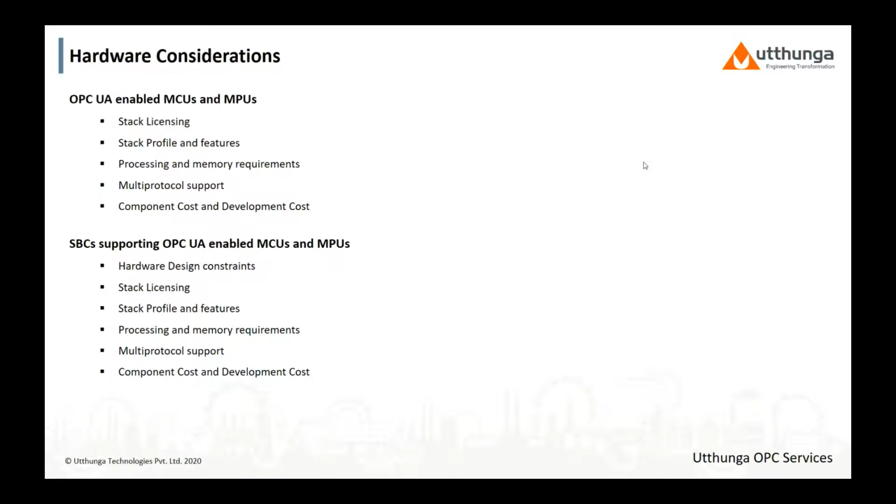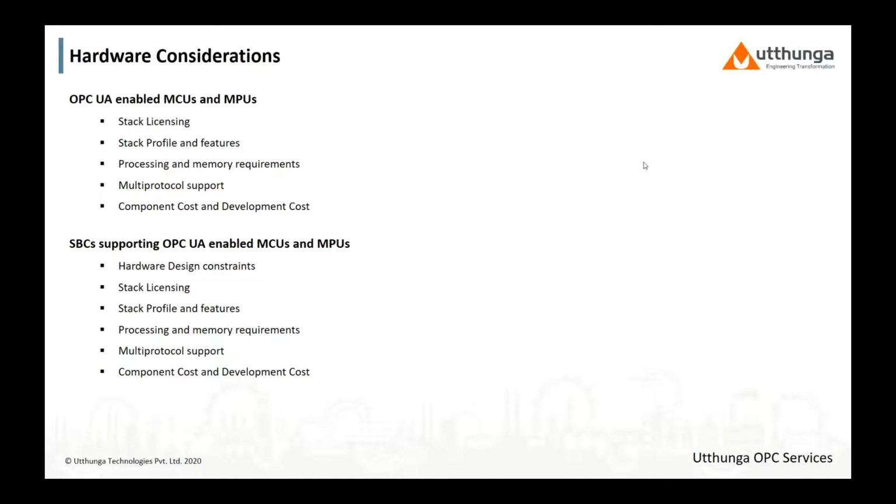Then stack licensing. Even though these reference designs are available and you buy the chip, in most cases you still need to purchase a license separately from the stack vendor, which you need for your development. Usually these stack licenses are per product version, meaning product line based.